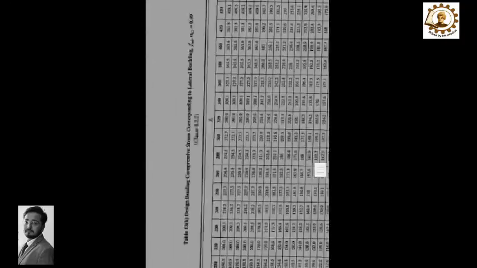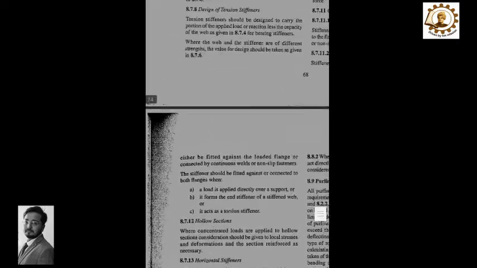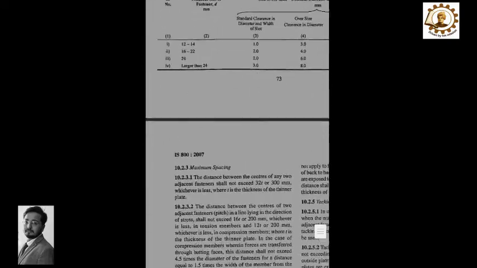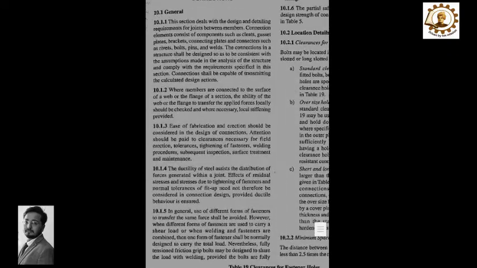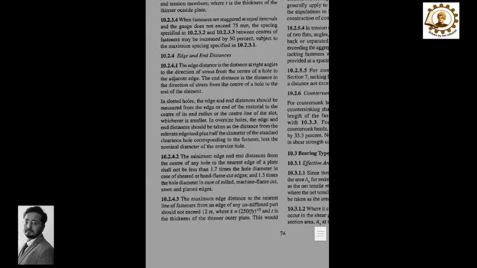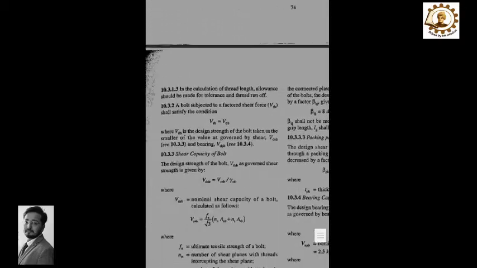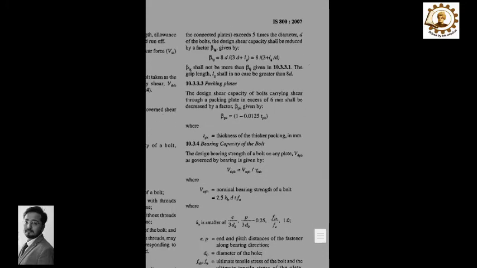This is section 7, 8, and this is around page number 75. So we have already found it. Okay, section 10, the formula at page number 75 is, look, this is the formula.